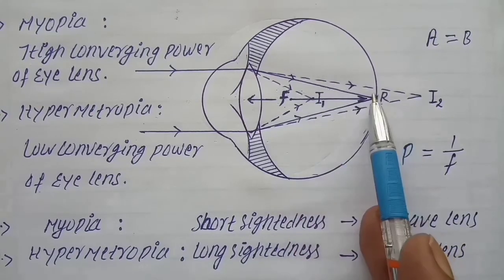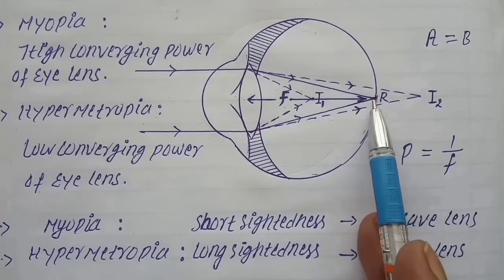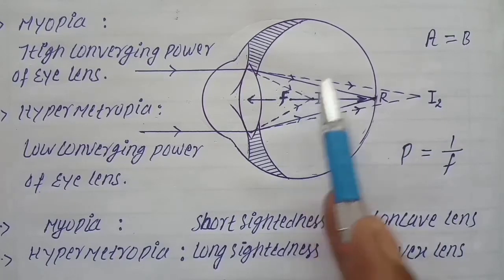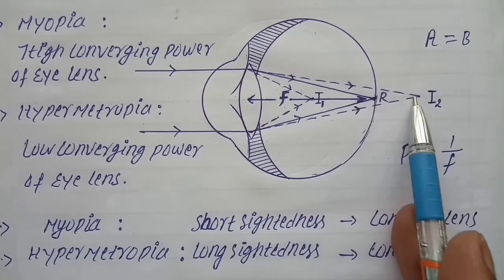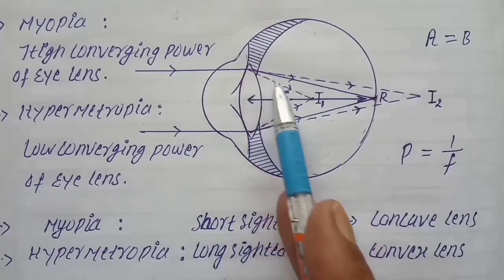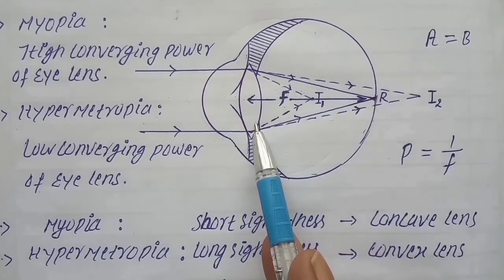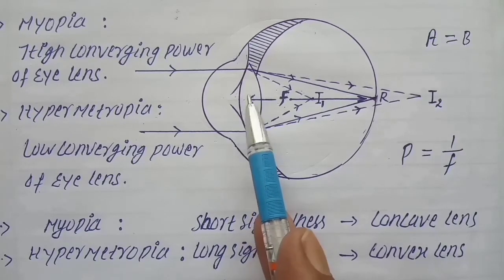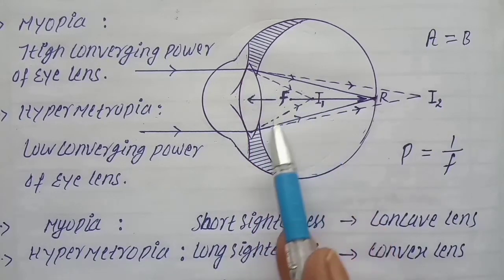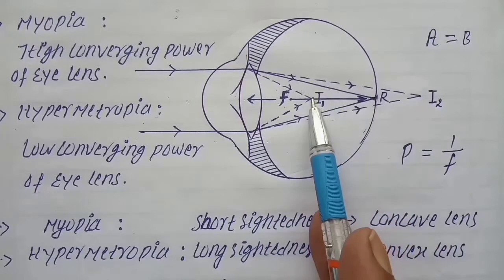But in case of defected eyes, the light rays do not converge on the retina. Instead, they converge in front of retina or beyond the retina. The light rays converge in front of retina due to high converging power of the eye lens. High converging power means the light rays bend more strongly than the normal and meet in front of retina.